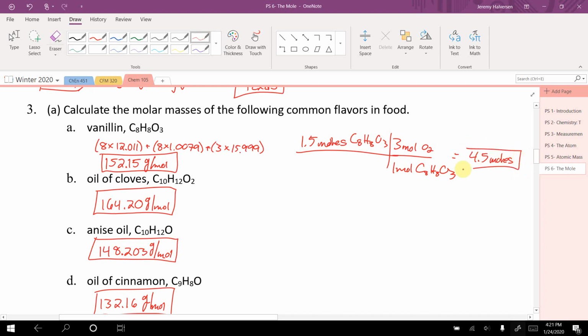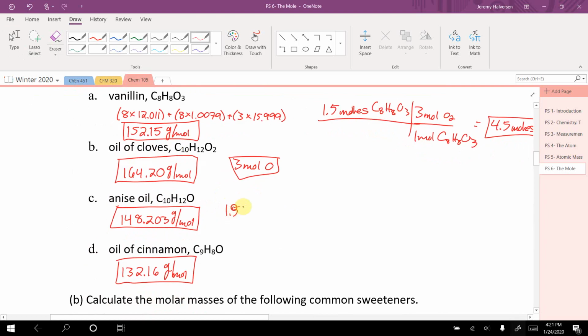So really we're just taking all these subscripts and multiplying them by 1.5, which would give me, this would be 3 moles of O2, or of oxygen. This one would have 1.5 moles of oxygen.